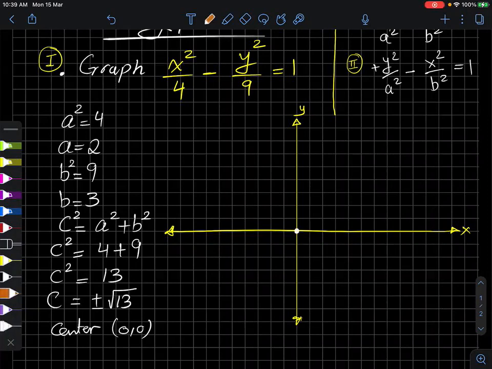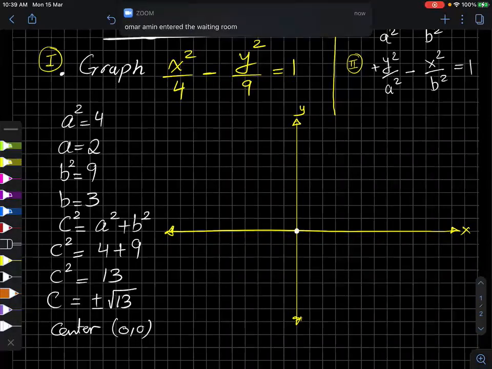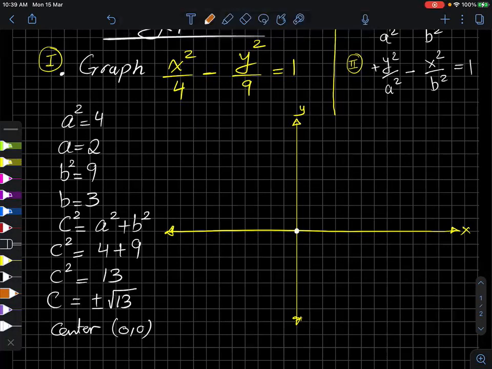Okay, and from the center, we have to move 2 units right and 2 units left, because a is equal to what?